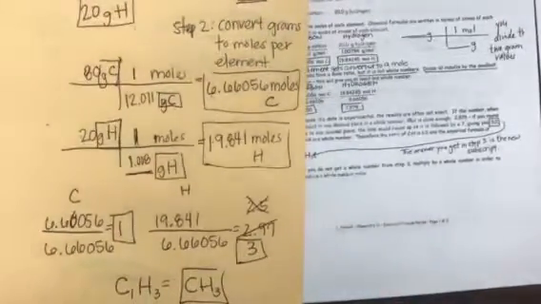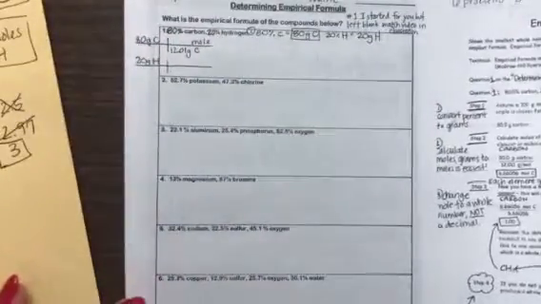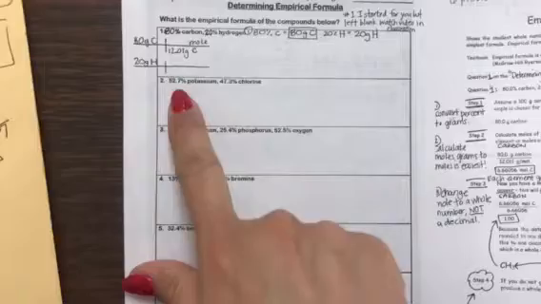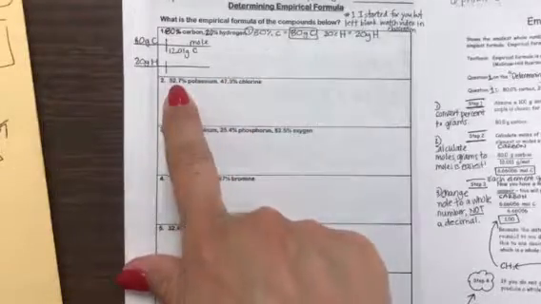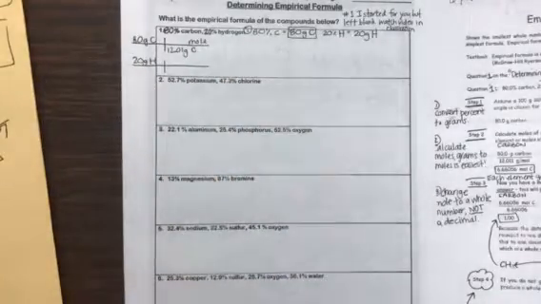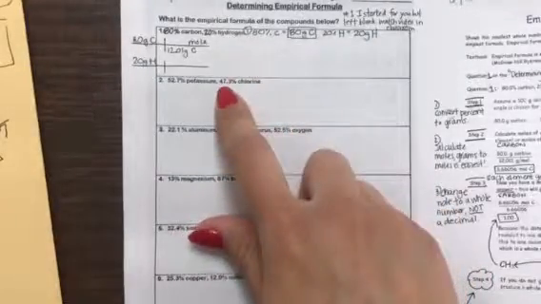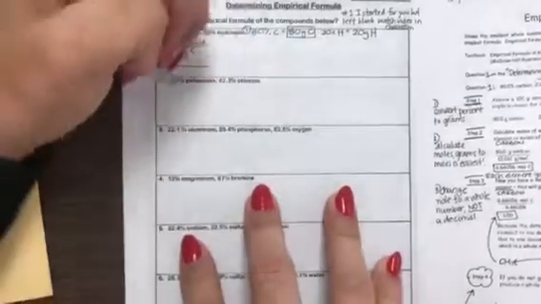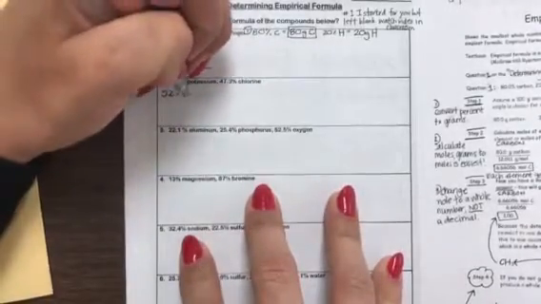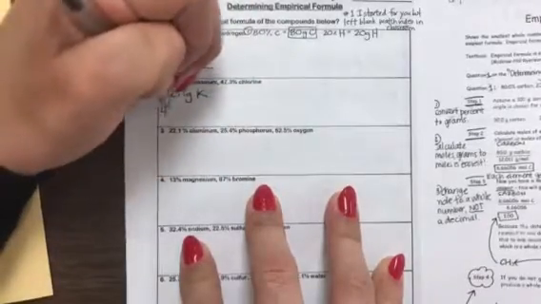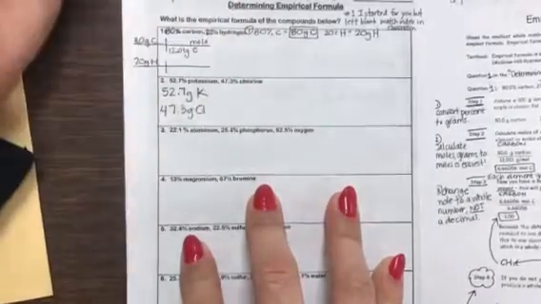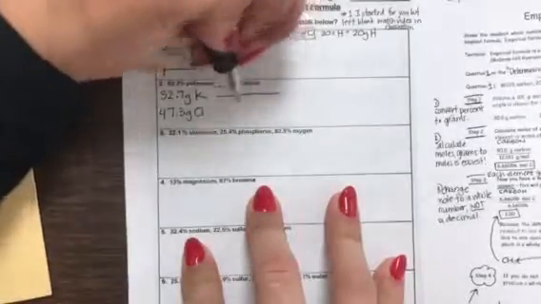Okay, so I will let you practice for these problems right here that are due. And if you need any help, come see me. But remember, these percents are grams, so that's 52.7 grams. Chlorine is 47.3 grams. I started this one for you to kind of walk you through it. After that, you change your grams to moles.